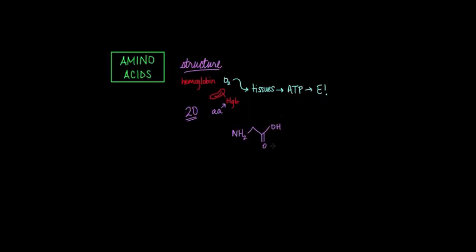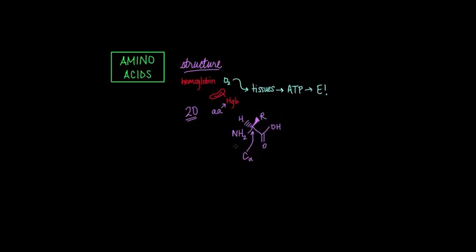Then linking the two groups is this carbon atom, which we call the alpha carbon. Bound to the alpha carbon is a hydrogen atom, as well as a unique side chain, or R group. We just use R to denote any generic side chain.